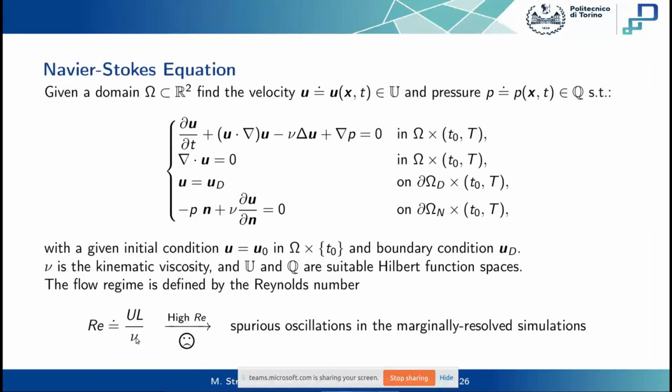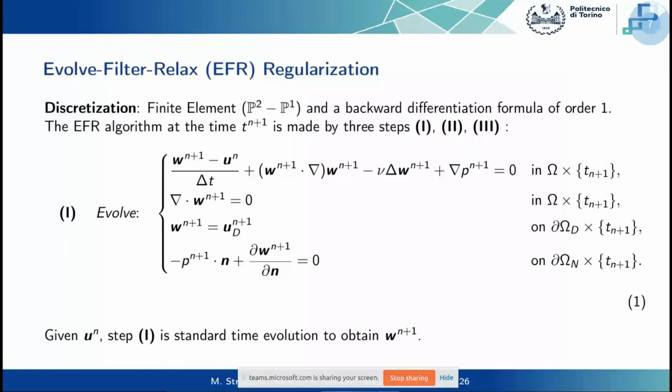And if you have high Reynolds, it means that your flow somehow is going faster, and it's very difficult to simulate and reproduce. And in a marginally resolved regime, so if your mesh is not fine enough, basically you can have spurious oscillations. In order to alleviate this problem, you can somehow stabilize your system. And this is the reason why we apply the evolve, filter and relax model, sorry.